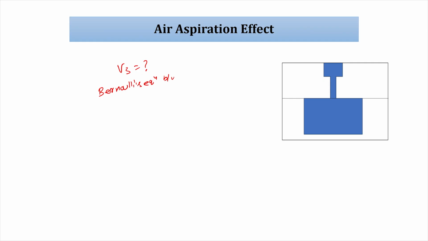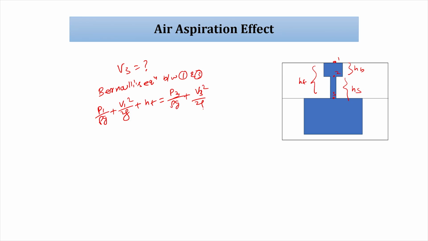equation between 1 and 3, HB, HS, HT. P1 by rho g plus V1 square by 2g plus HT equals P3 by rho g plus V3 whole square by 2g plus 0.